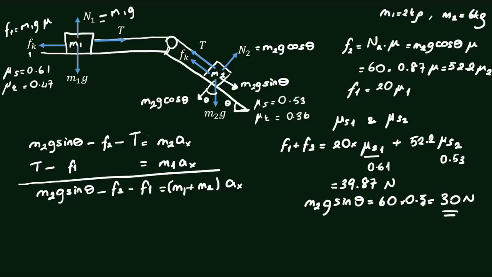And the sum of friction forces is almost 40 newtons. If they moved, what would you do to find out the tension in the strings and the acceleration? Well, you would use this set of equations with mu k's and calculate a tension, calculate an acceleration, a common acceleration. But in this case, they're not moving.